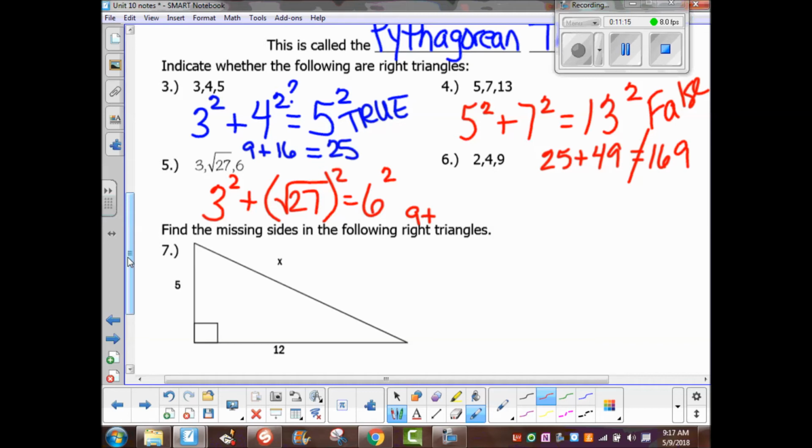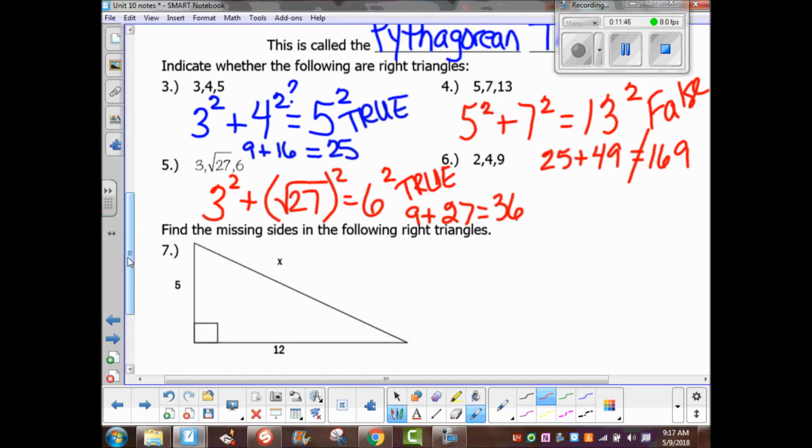Type it in exactly the way I've written it up here. Or think about squaring and square rooting. They undo each other, so you're just left with 27. It's not the biggest number. The square root of 27, we said, was 5.19. Equals, and then 6 squared is 36. Does 9 plus 27 give you 36? True. Yep. Those are the sides of the right triangle.